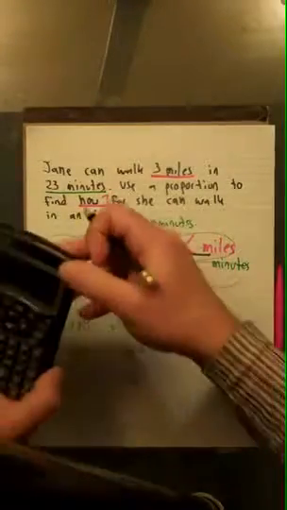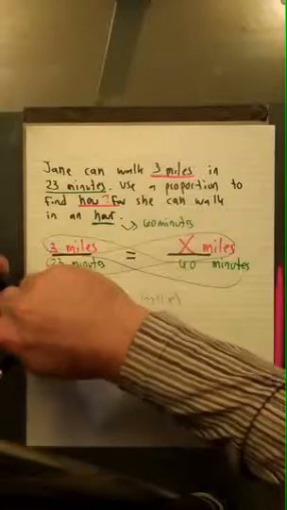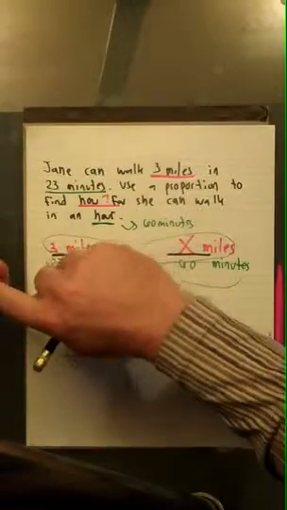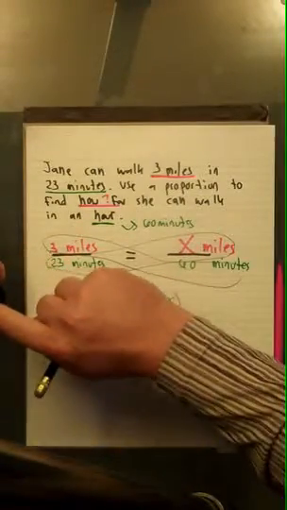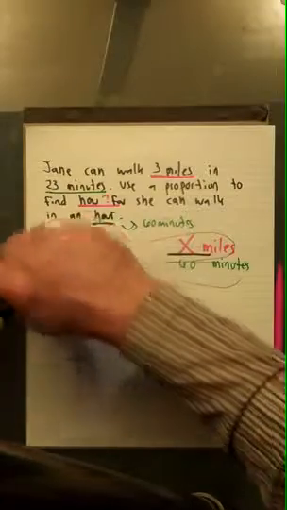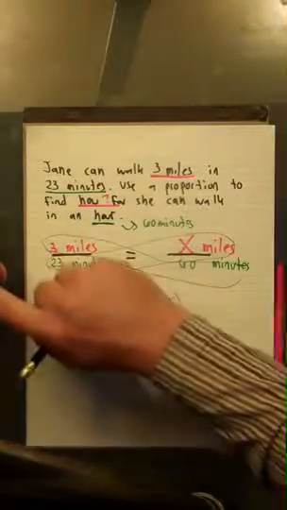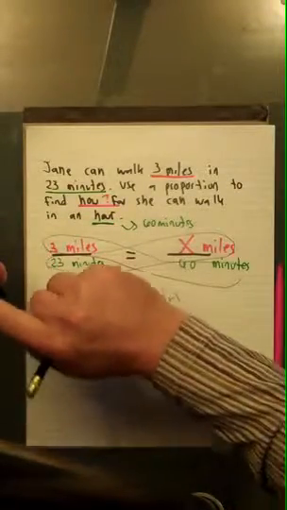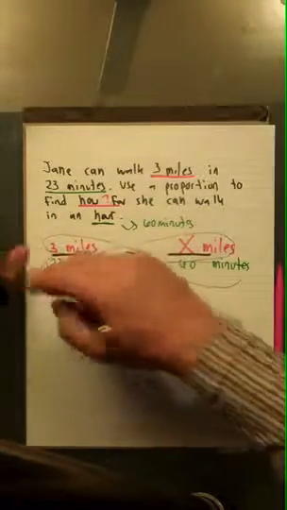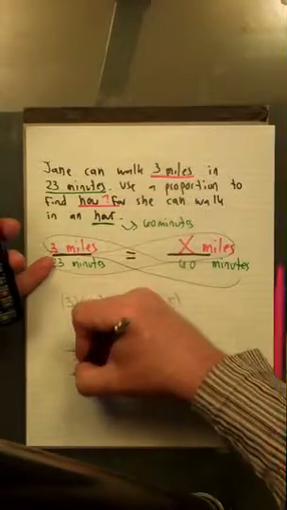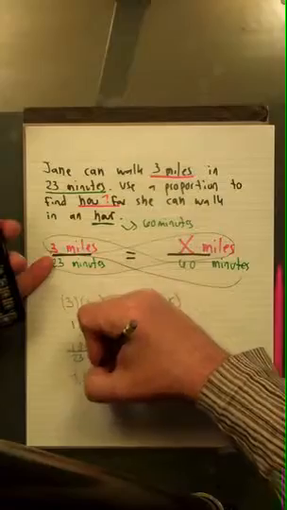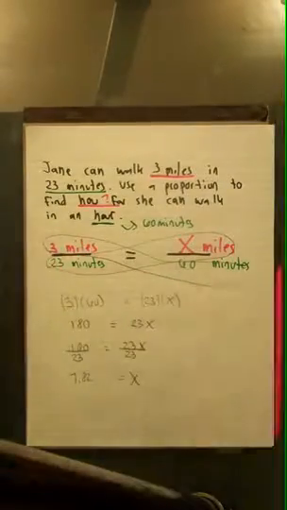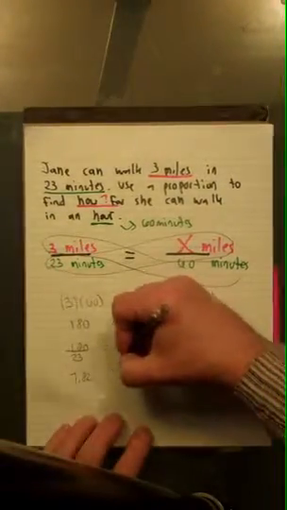And this, I don't think I can do in my head, so 180 divided by 23 is 7.82. Okay, so there's my answer.